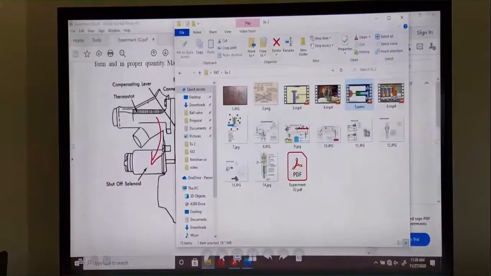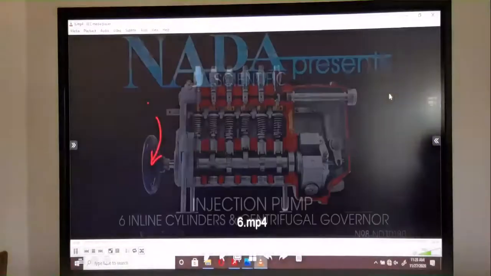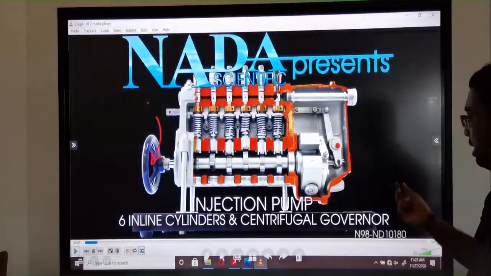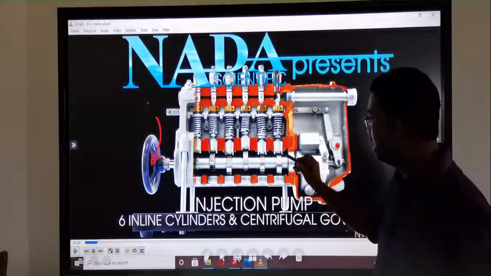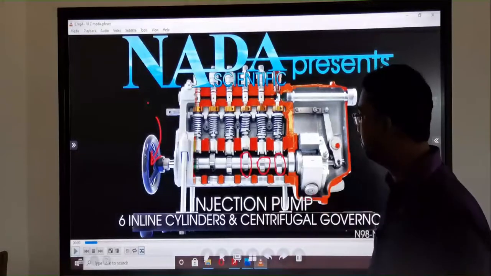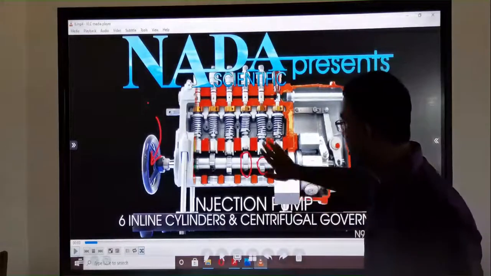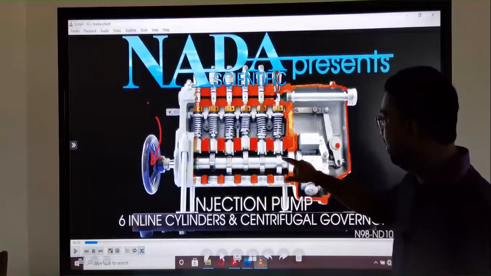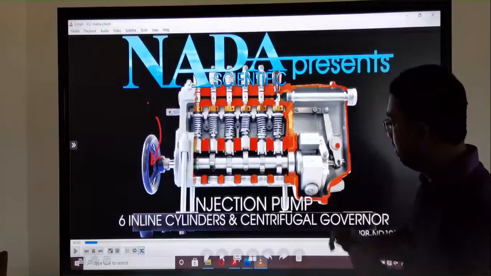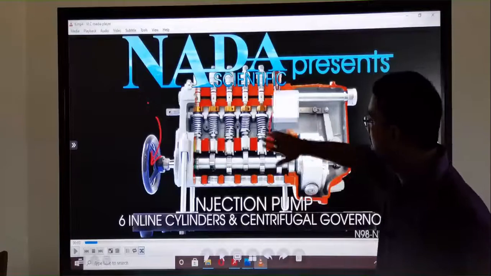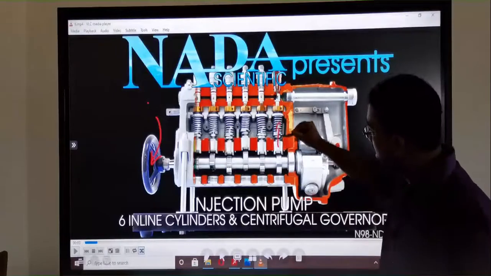Now we see the video of this pump. We can see it is connected with the camshaft. There is a lobe, the same as the valves. When it rotates, the lobes also rotate. When this lobe touches this area, this plunger unit moves this way.